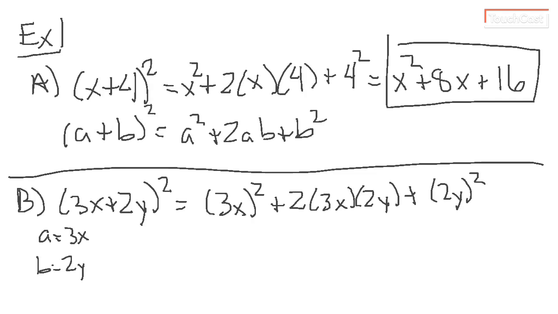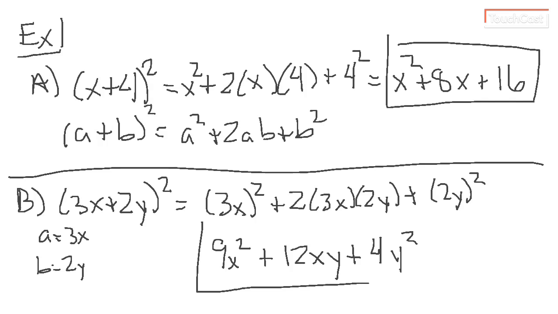Well, 3x squared is 3x times 3x, which is going to give us 9x squared, plus 2 times 3x times 2y. Well, 2 times 3 is 6. 6 times 2 is 12xy, plus 2y squared. 2 squared is 4y squared. So our answer is 9x squared plus 12xy plus 4y squared.